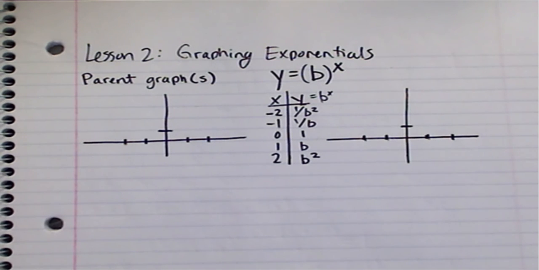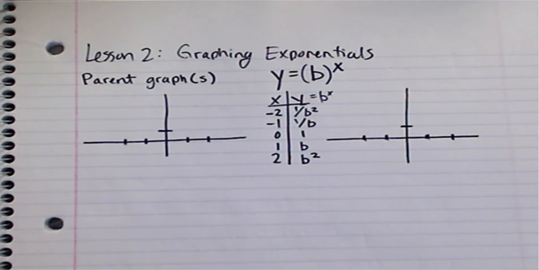Why aren't you doing b to the 3rd? I could, but we only need about 3 points to plot the correct shape. So I put a couple extras so we get more of the trend, but on your graphs, I probably only need 1 point once you get the hang of the shape.